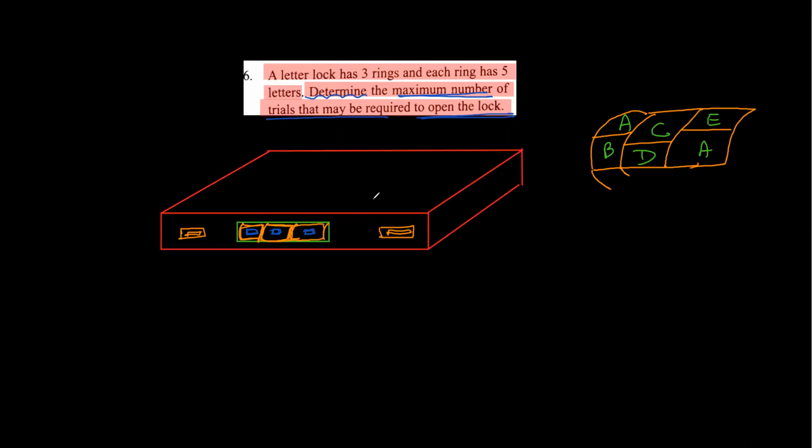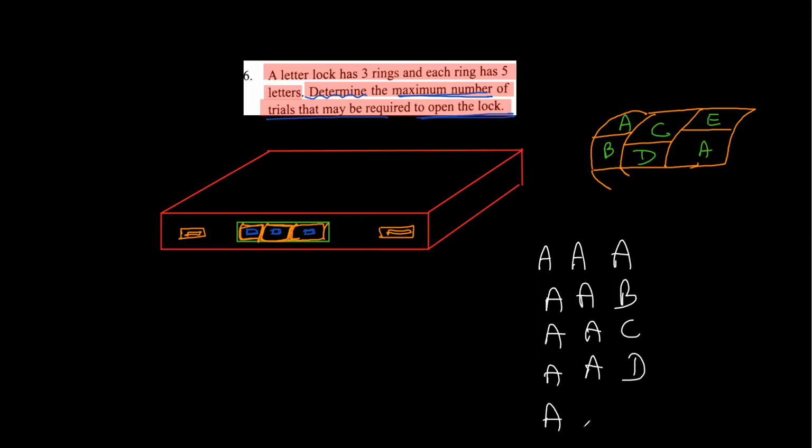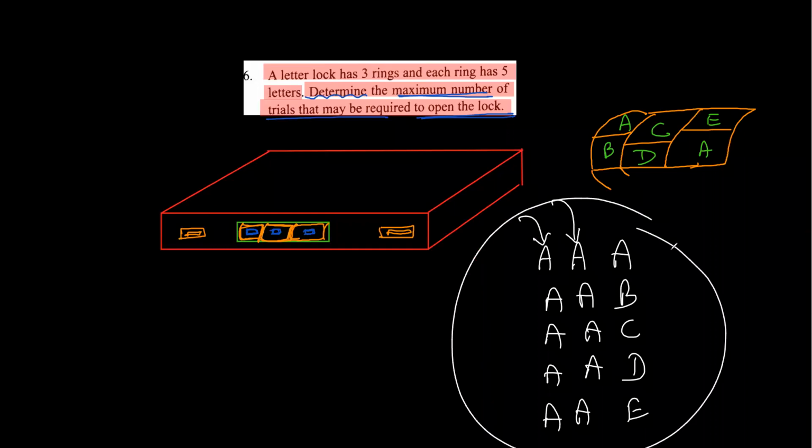What you will do is start trying all the combinations. You will go for A, then next A, B, then A, C, then A, D, then A, E. So you kept A on the first and second ring, and on the third you went for all the 5 different letters. Then you will go for A, B, A, and all that. So this is 5 here.